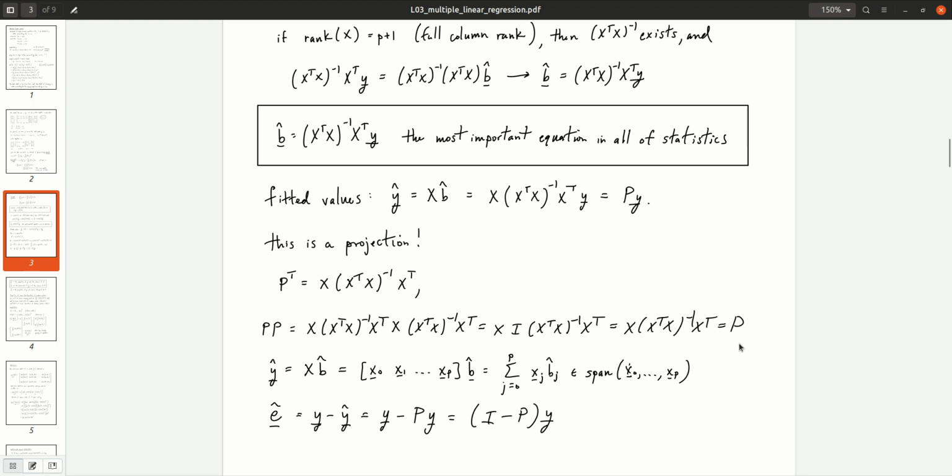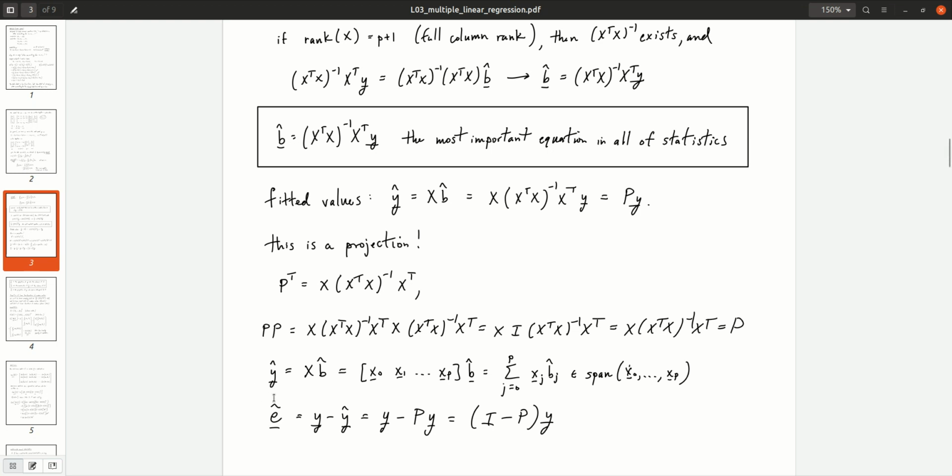Okay, so I said that it's a projection onto the columns of x. So why is that true? If we look at y hat, writing it out in this form, x times b hat, if we write this in block matrix form, we have the vector x0. What that means is in this case, it's just the one vector. The vector x1 is the value of all the covariates, the first covariate for the n subjects. So this is just another block matrix representation for x. So if we look at this equation, we do the multiplications.